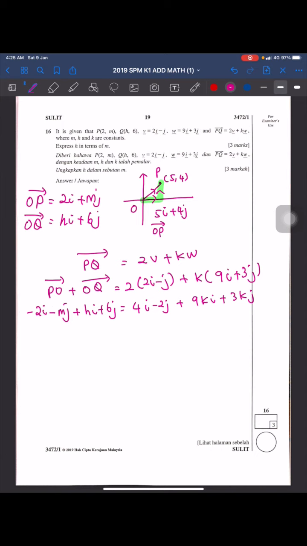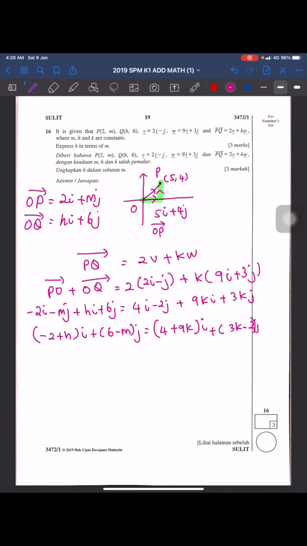Okay, saya cuba groupkan i dengan i, j dengan j. Saya akan dapat negatif 2 plus h i, plus 6 minus m j, equals to 4 plus 9k i, plus 3k minus 2 j.